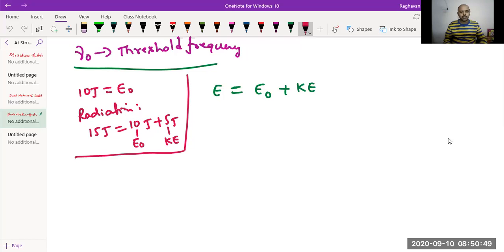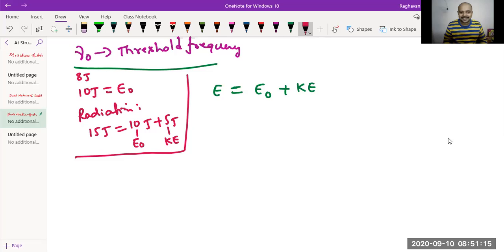Okay. So let's say a radiation with 8 joules is incident on the metal surface. What would happen? Sir, two joules of kinetic energy should be added. No, what would happen if a radiation of 8 joules is incident on the metal surface? Sir, the electron will not be moved.